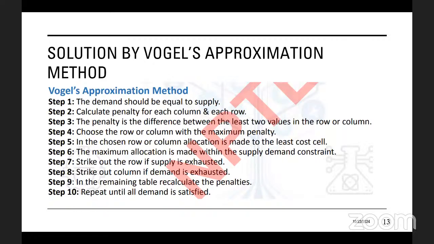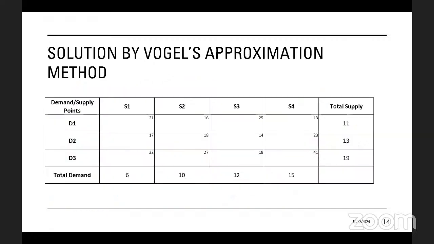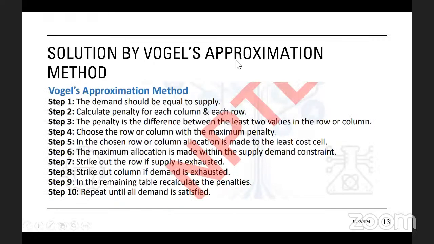Next is the Vogel's approximation method. In the Vogel's approximation method, we are first calculating the penalty for each column and each row. The penalty is the difference between the least of the two values in the row and the column.